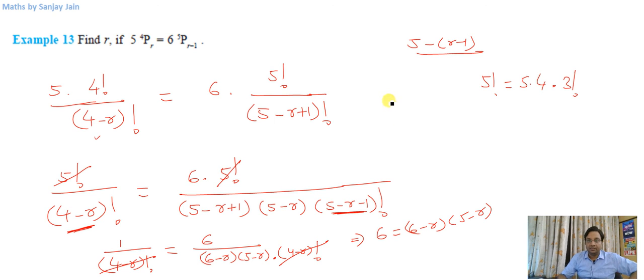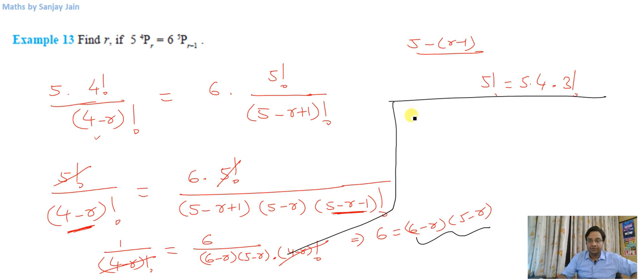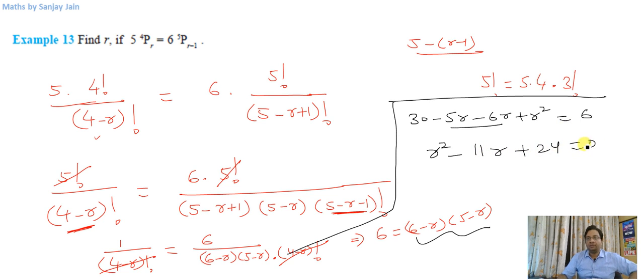So let us see what kind of quadratic this is. Let me write this here: 30 minus 5r minus 6r plus r squared, it is equal to 6. So r squared minus 11r and then plus 24 is equal to 0, right?